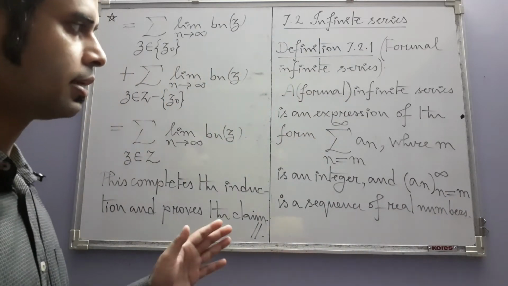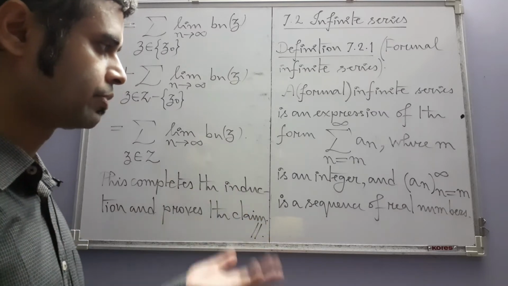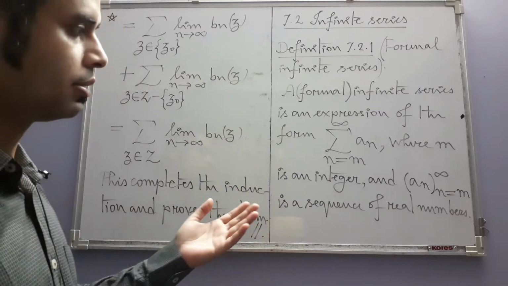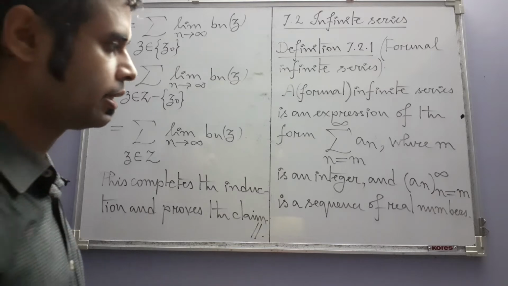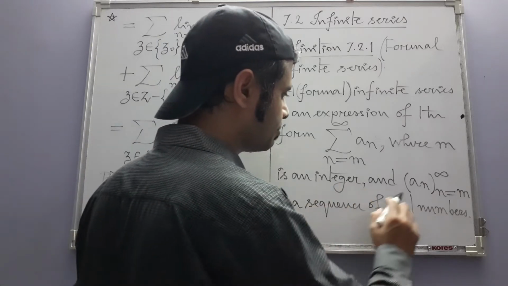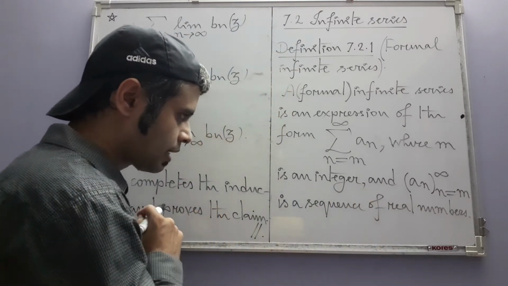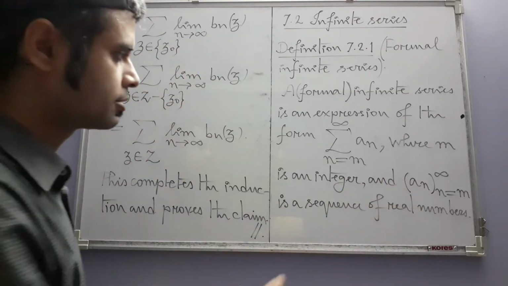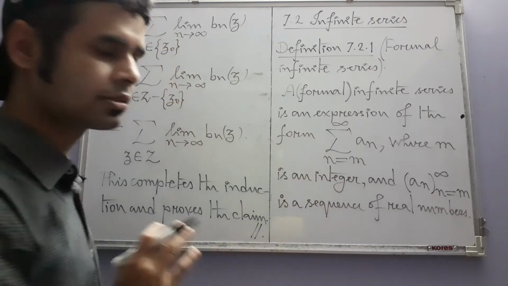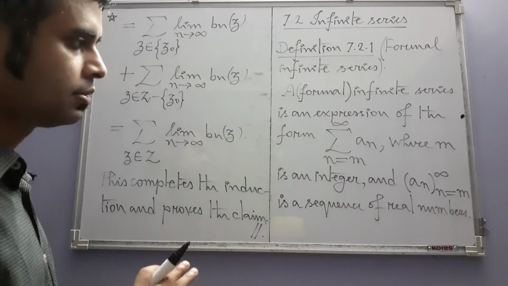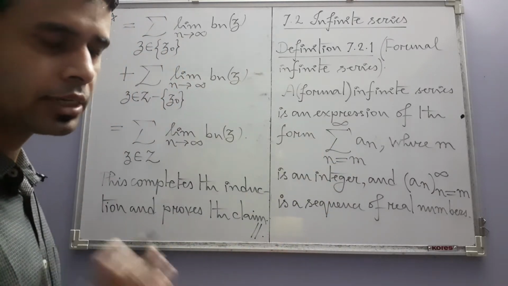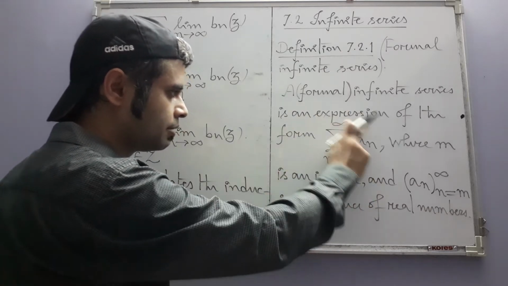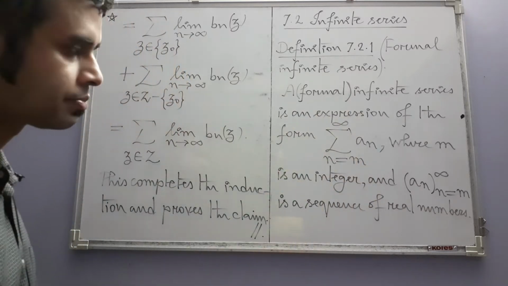So when I say don't attach any extra meaning to this symbol, what I specifically mean by that is it looks like we are taking the sum of all the terms of this sequence, because the notation suggests something like that. However, do not interpret it like that. You just treat it as a formal symbol and that's it.